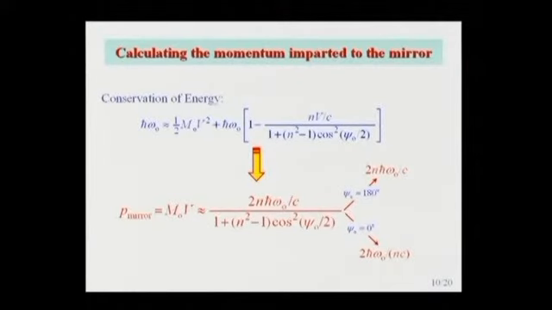All right, so now we have a formula for the Doppler shift. And then we go back and write the conservation of energy. So here's the conservation of energy equation. Each photon has energy h bar omega naught in the beginning. The photon that is coming toward this system has energy h bar omega before it hits the mirror. Afterward, the mirror has a velocity v, so it has a kinetic energy. That's the kinetic energy of the mirror.